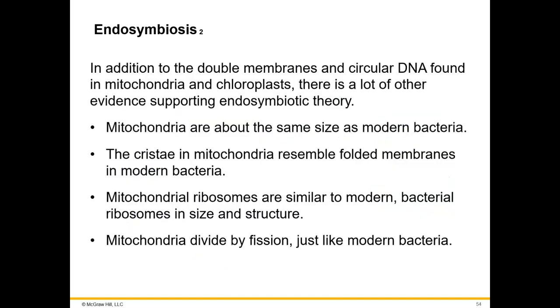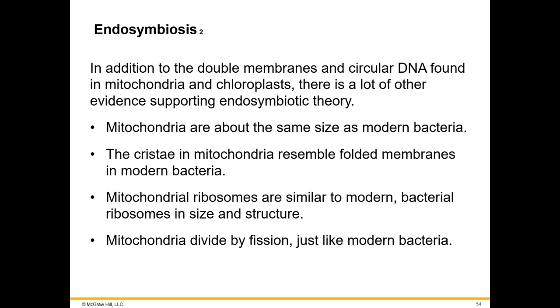In addition to the double membranes and circular DNA found in mitochondria and chloroplasts, there's also a lot of evidence supporting the endosymbiotic theory. The first is that mitochondria are about the same size as modern bacteria. Also, the cristae, those folds inside the mitochondria, resemble folded membranes that exist in modern bacteria.